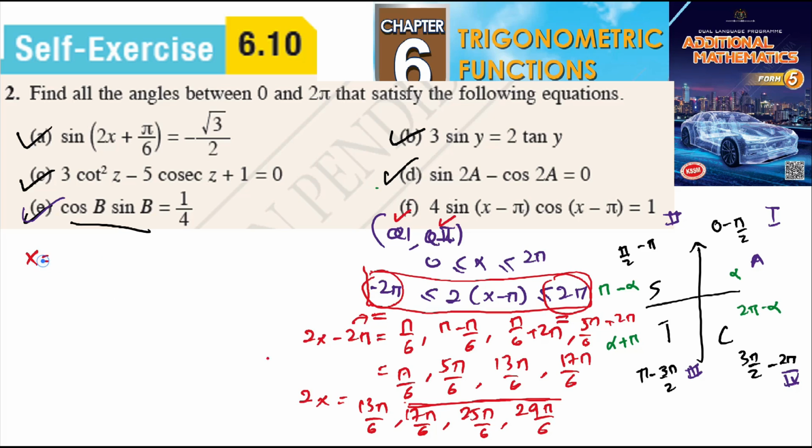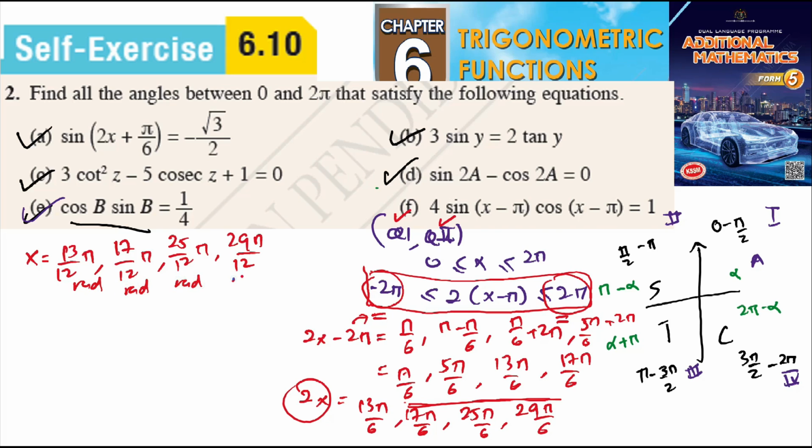So our x is equal to this one divided by 2, because this one is 2x, right? We want only x. So dividing by 2, we get 13 over 12 pi, 17 over 12 pi, 25 over 12 pi, and 29 pi over 12. These are all in radians. Alright.